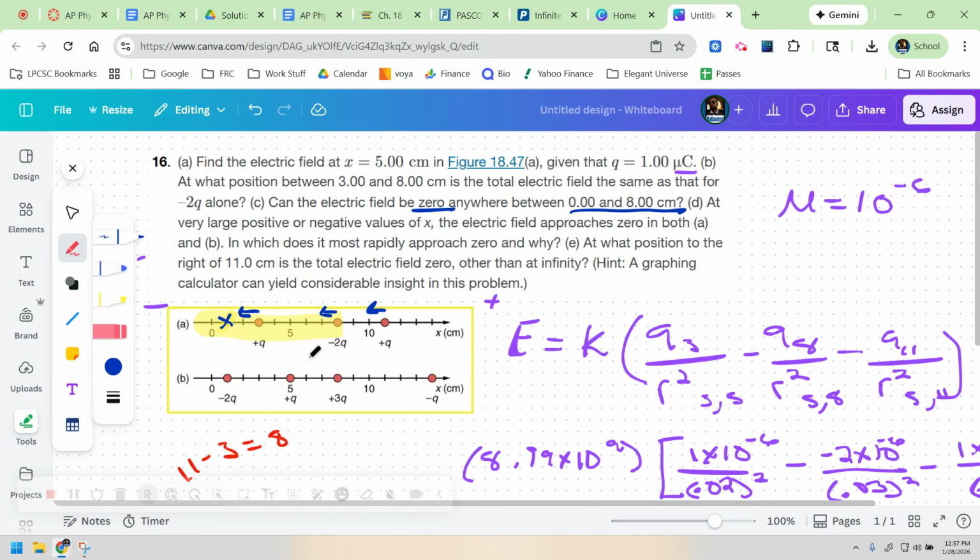I don't think it would work, because in order for it to be 0, because they're all going in the negative direction, you have to have something that would be in the positive direction. Although this one would be a positive charge, it's just not going to work mathematically, because this will have a negative charge based on the distance here.